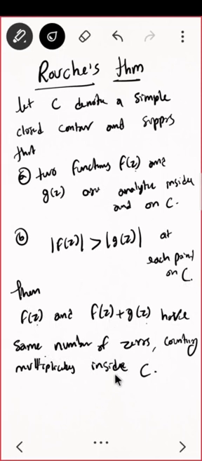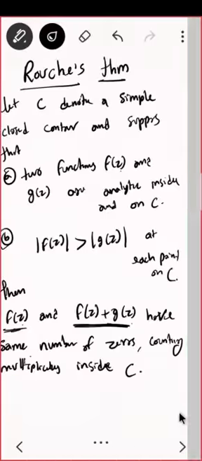So what we have to do, whatever your question is, I need to get an f of z such that mod f of z should be greater than mod g of z.